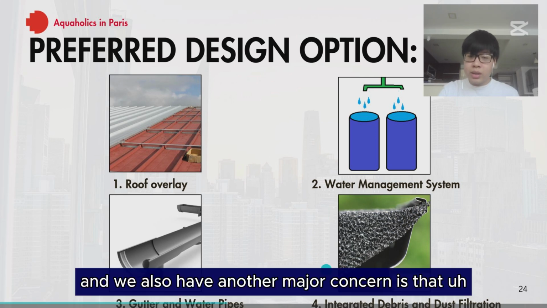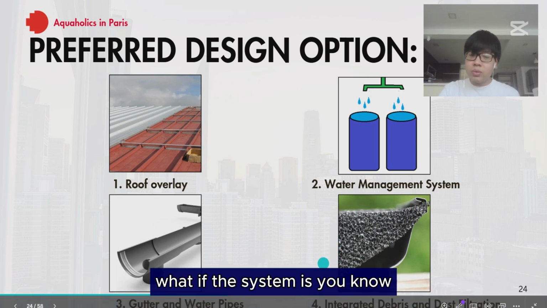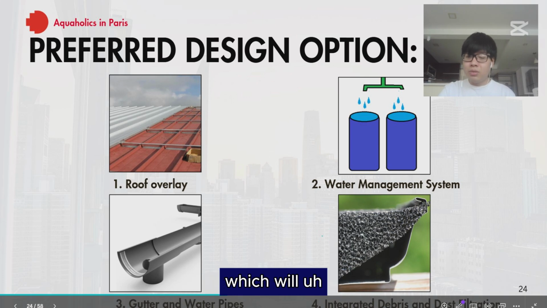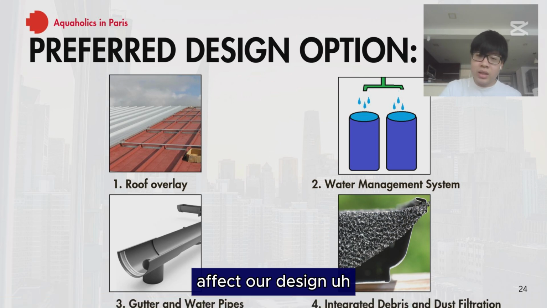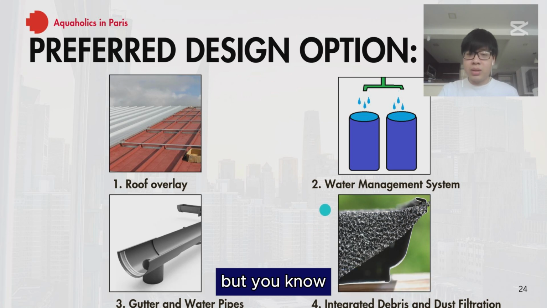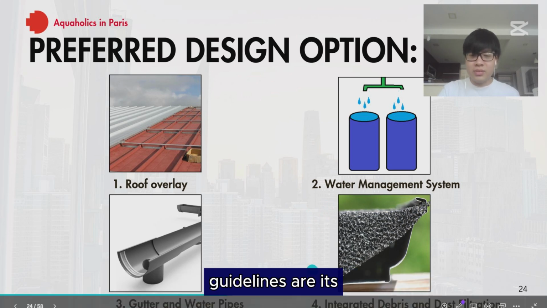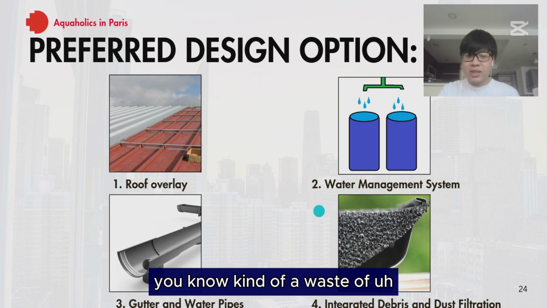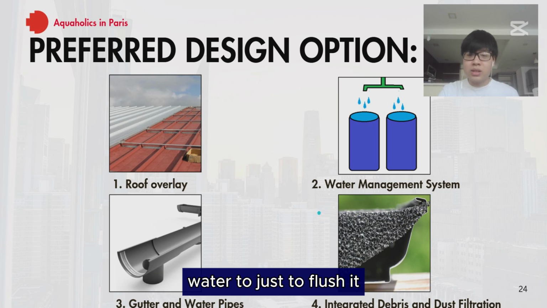Another major concern is what if the system is idle during dry season and dust builds up, which would affect our design. At first we went with a first flush guideline, but its reliability depends on the users, the villagers, and we decided it would be a waste of water to flush it.